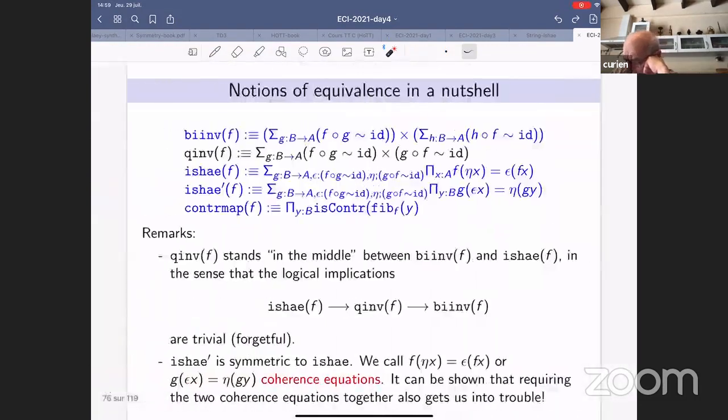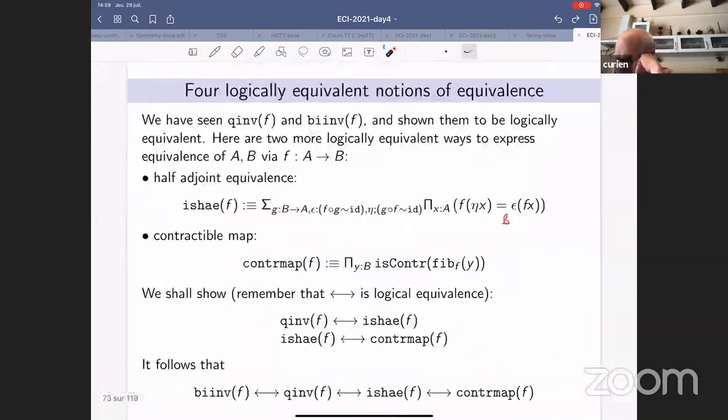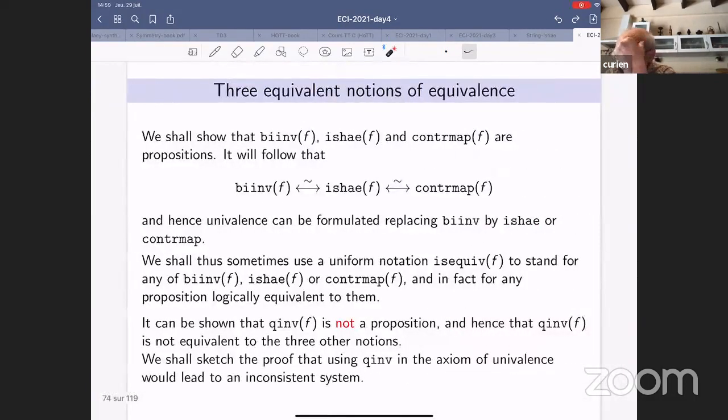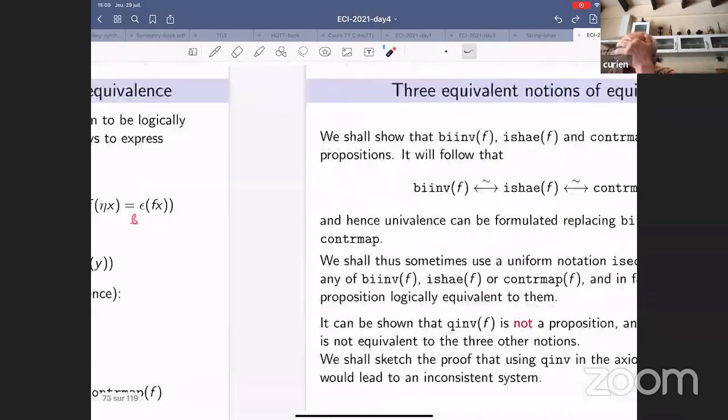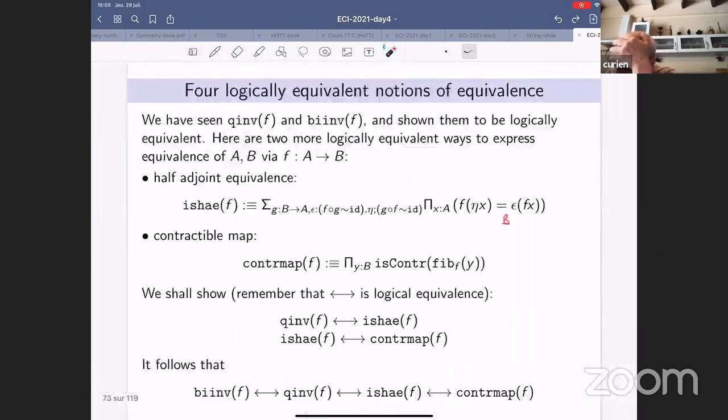Okay, so technically what I will do is to prove, yes, okay. I need, so how many implications do I need to show? I will have to show that being a Q-inv logically implies is half equivalence of f. So this direction.